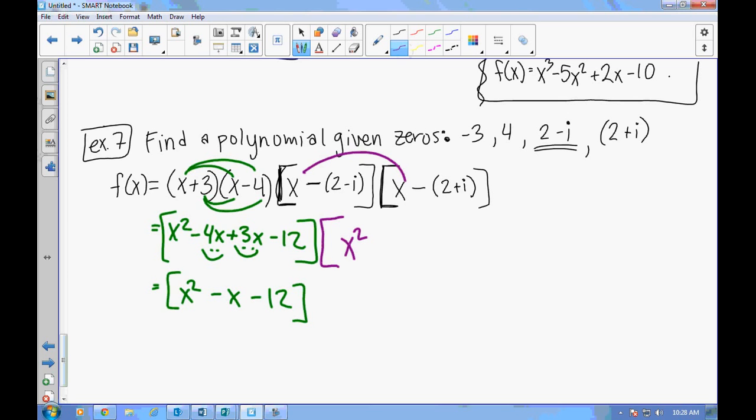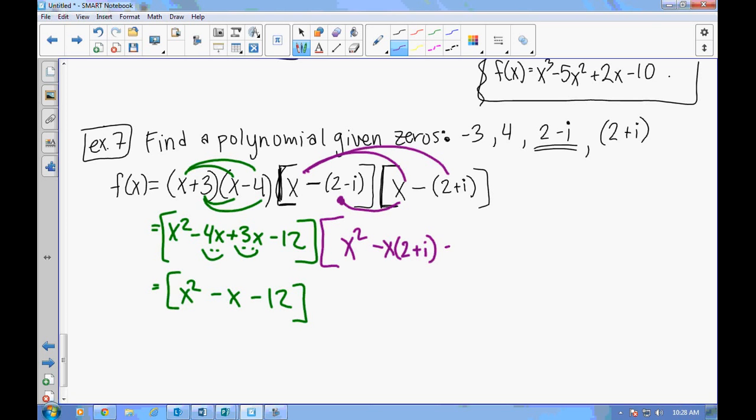Okay, now keep this in the parentheses. x times negative 2i is a negative x times 2 plus i. Now we have negative 2 minus i times x.